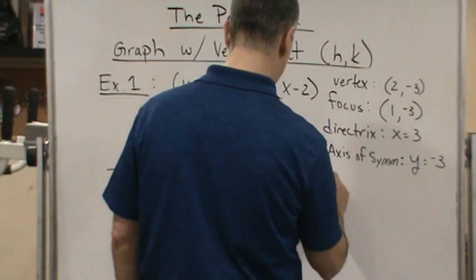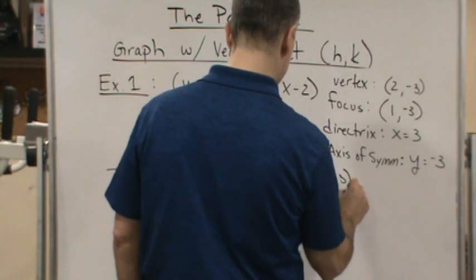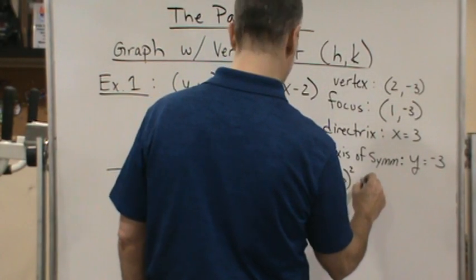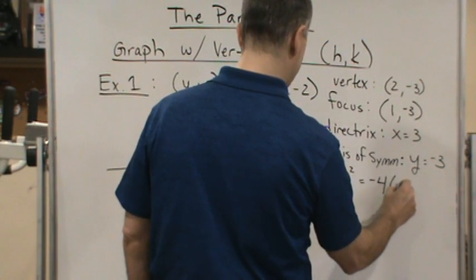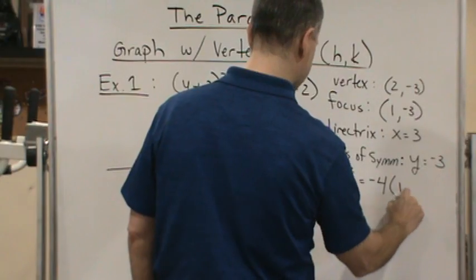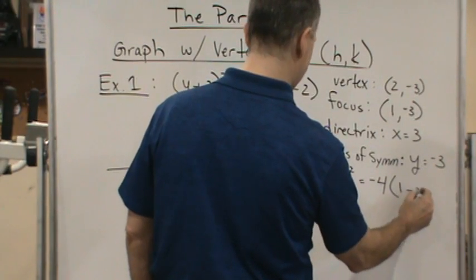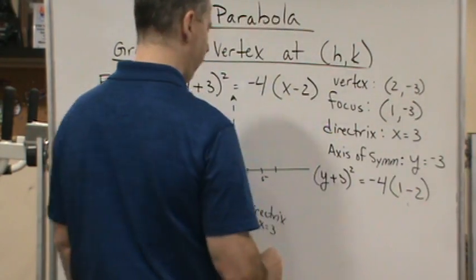So we'll get (y plus 3) squared equals -4 times (1 minus 2).